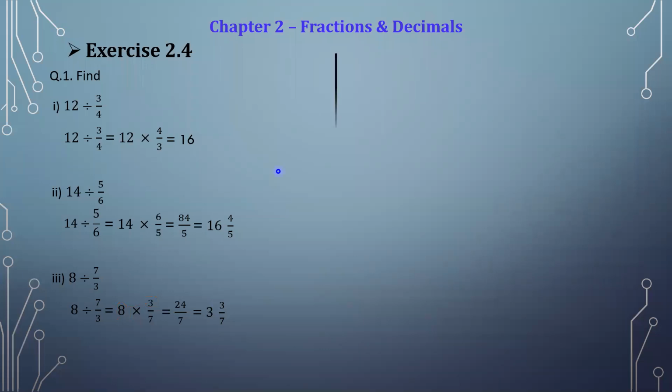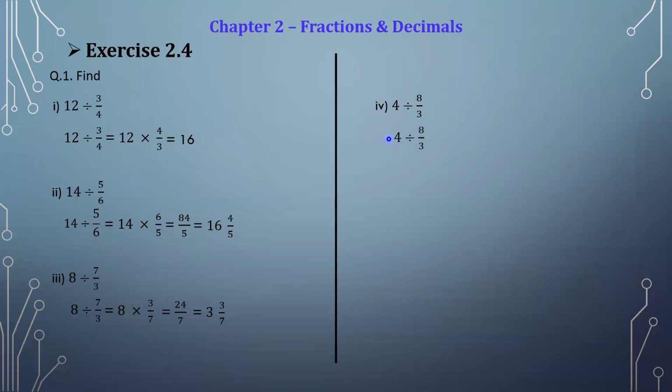Then the fourth example is also similar to this one. Again we are going to take the same kind of numbers, a whole number and a fractional number. So here the next one is 4 divided by 8 upon 3. So again the same steps we have to follow.